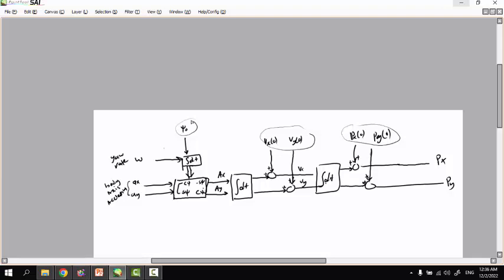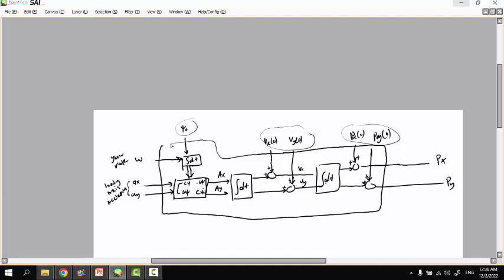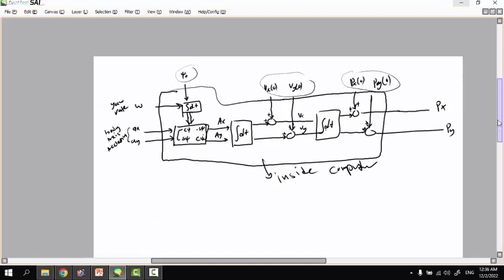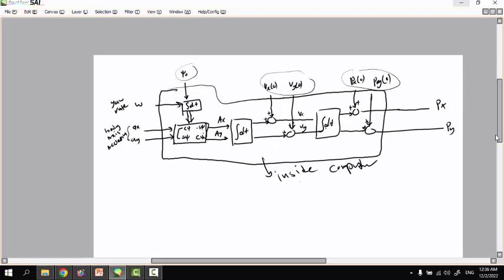All this block is inside the computer, which is the inertial navigation system, and we call this system strapdown inertial navigation.